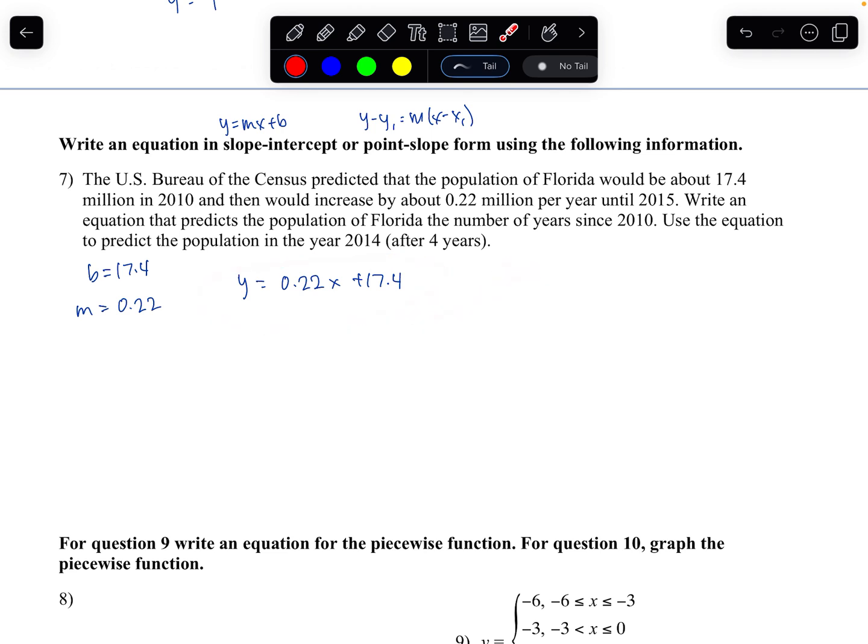And then, use the equation to predict the population in 2014, which means after 4 years. So I'm going to use 4 for x right here. y is going to be equal to 0.22 population per year for 4 years plus the initial amount that we had.